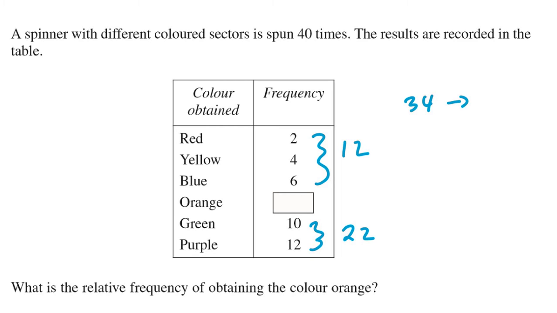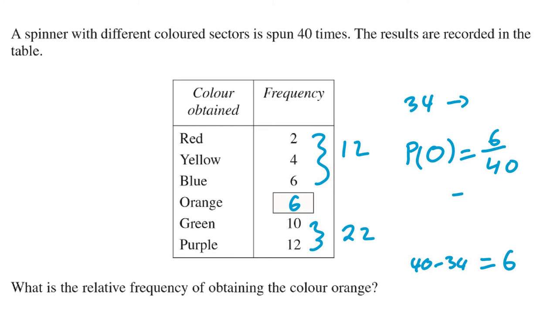So 40 minus 34 is what? Is 6, right? So 6 left. So therefore the probability of orange is 6 out of 40. You see? If you simplify that, it gives 3 out of 20. So that should be your answer. The relative frequency of obtaining the color orange is 3 out of 20.